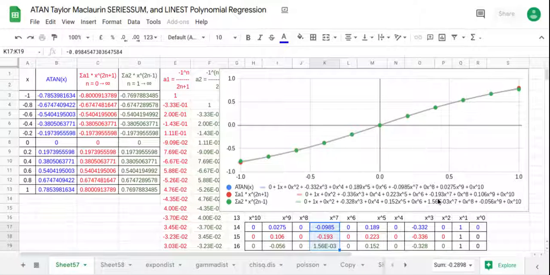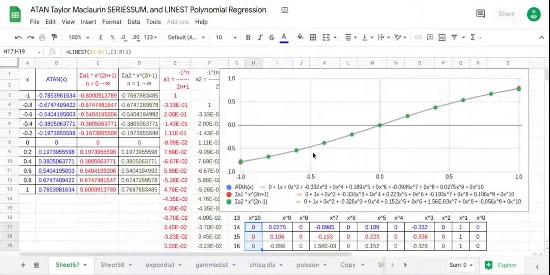This time there's a difference now, minus 0.193 and 1.56 times 10 to the minus 3. Coefficient of x to the 8th 0, coefficient of x to the ninth, that's 0.0275, 0.106, and negative 0.056. Coefficient of x to the 10th 0.